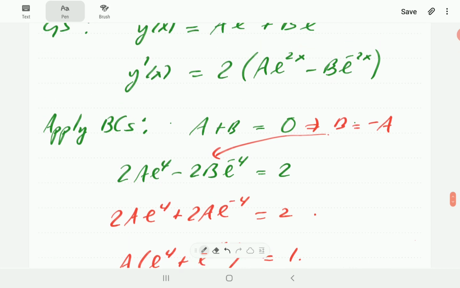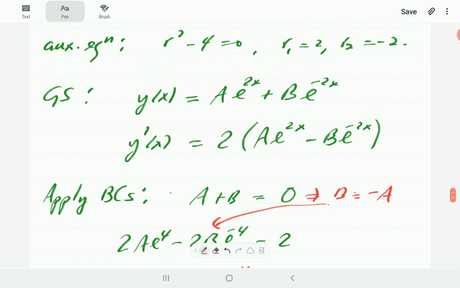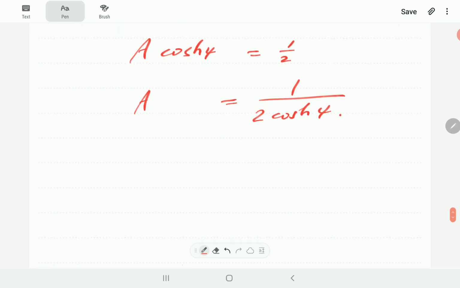So then we're going to plug this in here. So remember, A is negative B. So we can write this in terms of A as well.